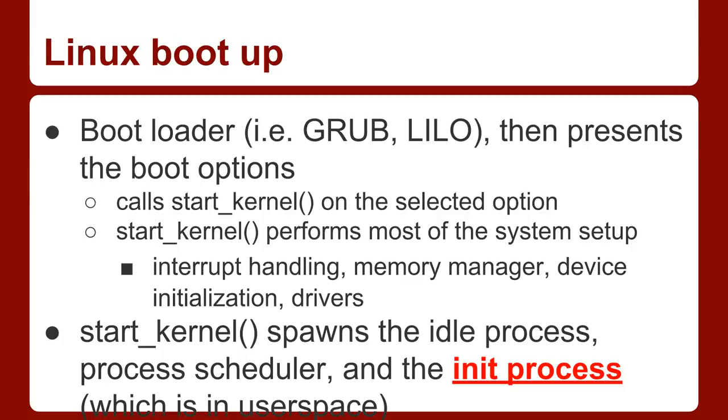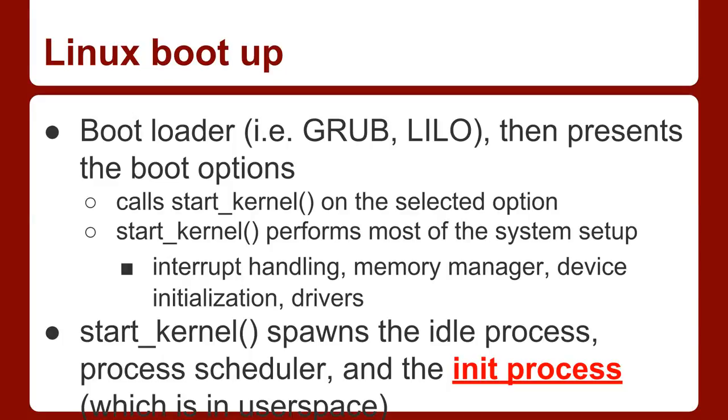And this performs most of the system setup, initializes interrupt handling, the memory manager for dynamic memory and other device initialization, and kicks off the drivers necessary for the operating system to interface with the hardware. And it spawns the process scheduler, the idle process, and the init process, which is all in user space.